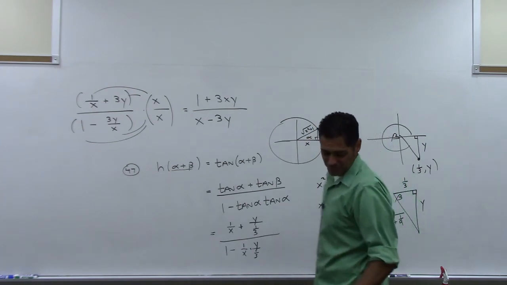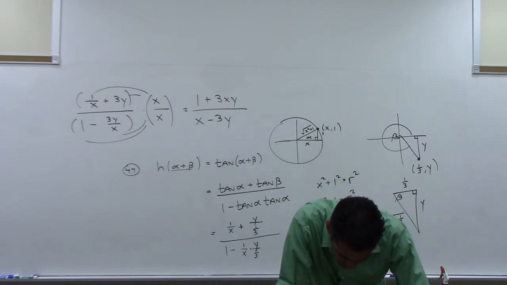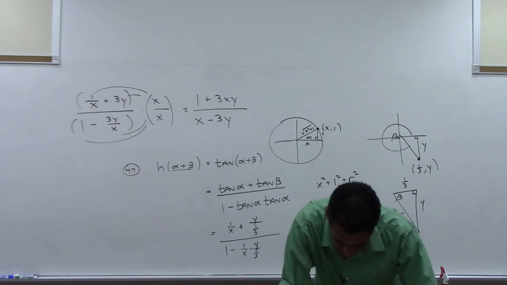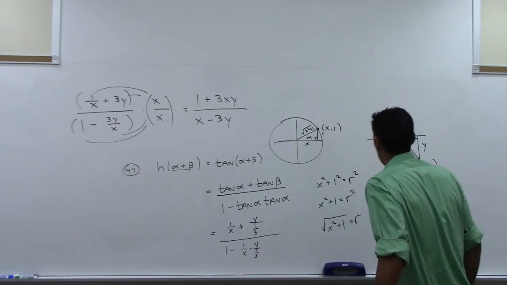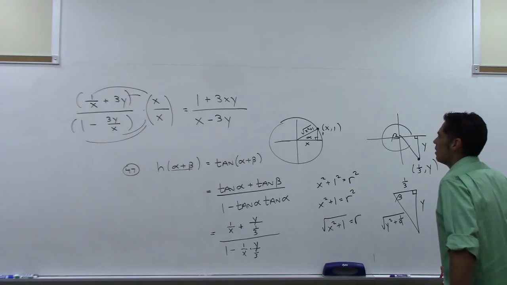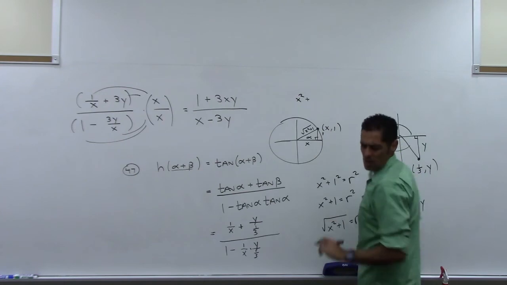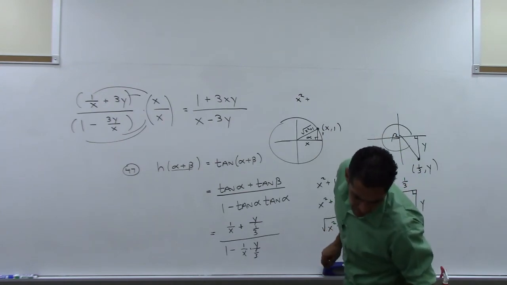Okay, now, where are they getting these numbers from? Well, okay, I see what they're doing now. They give you here the equation of this circle, which is x squared plus y squared equals 4.